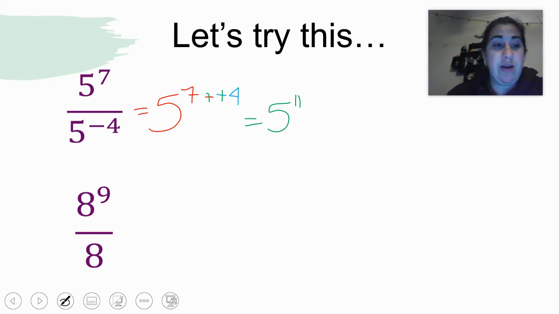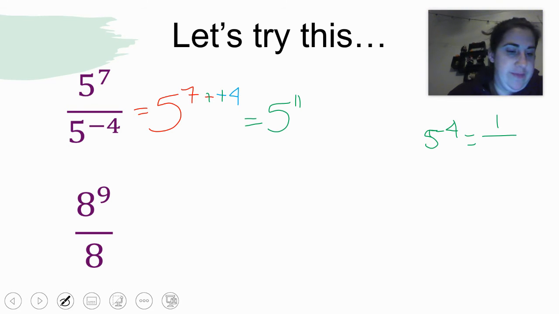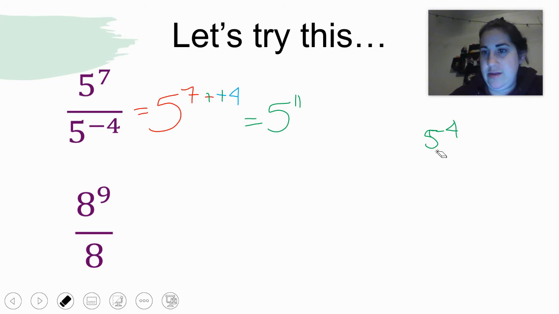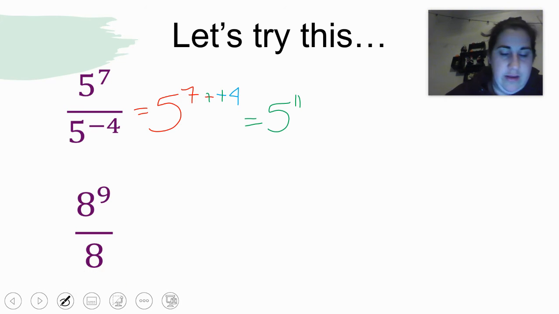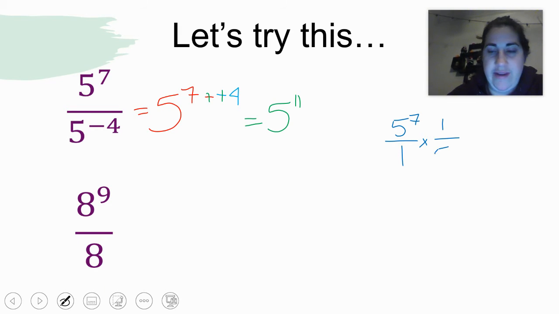Why does that work? Because remember, 5 to the negative 4th can be rewritten as 1 over, I'm sorry. Let's start that over again. This here is 5 to the 7th over 1 times 1 over 5 to the negative 4. So 5 to the negative 4 is on the bottom.